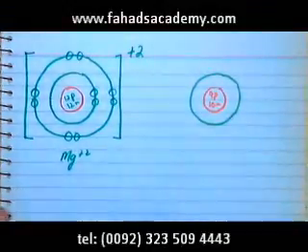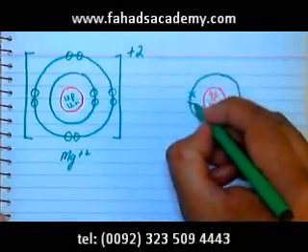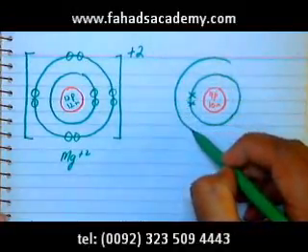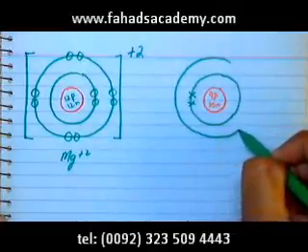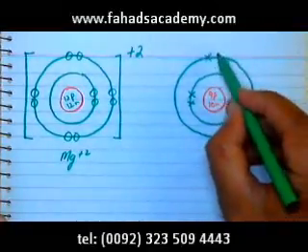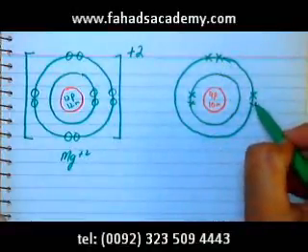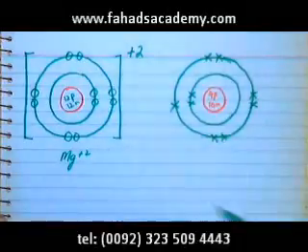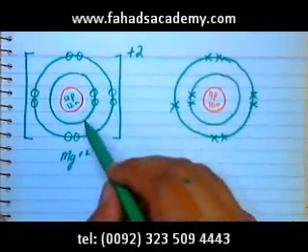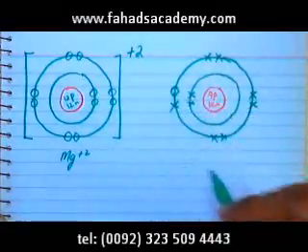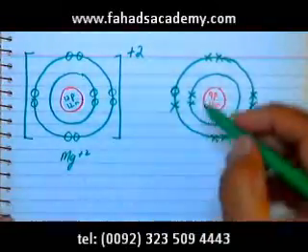Now the number of electrons: 2 electrons in the inner shell, and 7 electrons in its outer shell. Magnesium lost 2 electrons, fluorine needed 1 electron. So one of the electrons came from magnesium, so that's drawn with a circle.